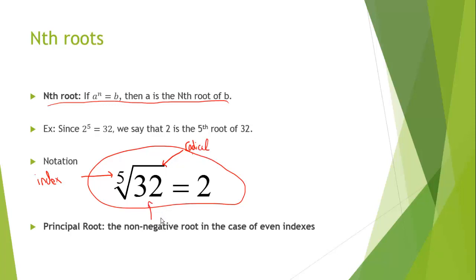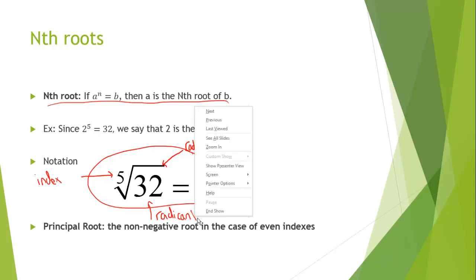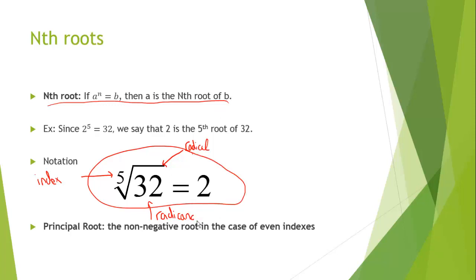And then the 32 is called the radicand, R-A-D-I-C-A-N-D, in case you're having a little bit of difficulty with my handwriting. And then the 2 is the root. 2 is the 5th root of 32.